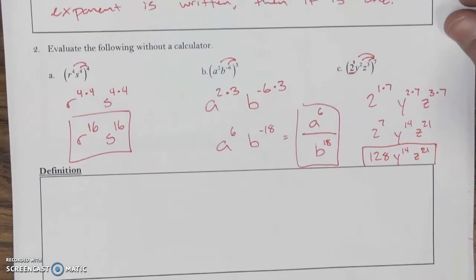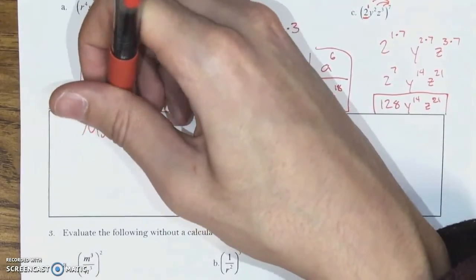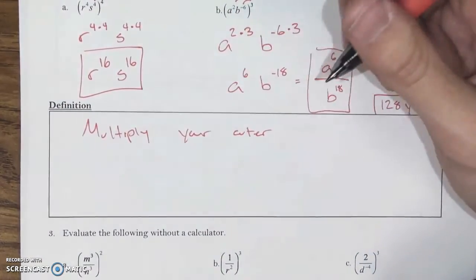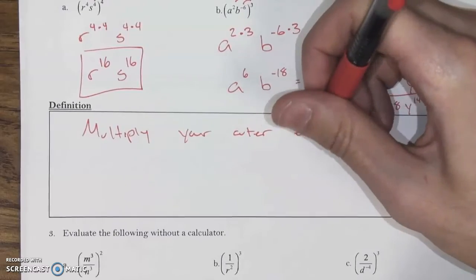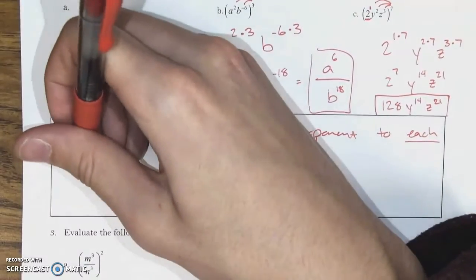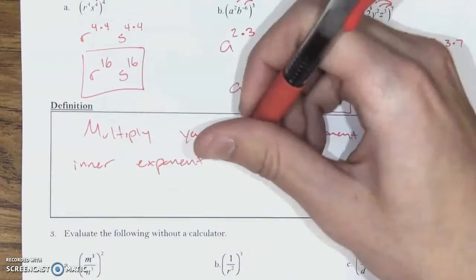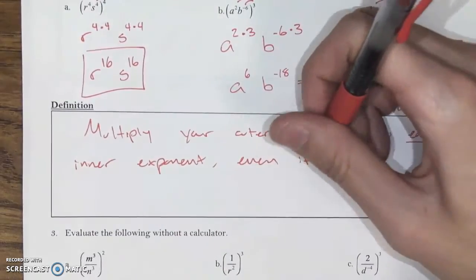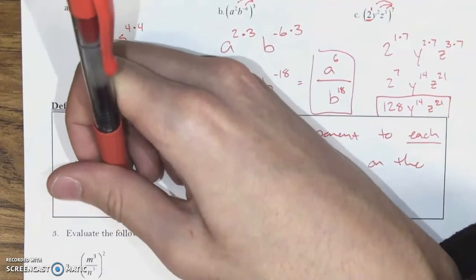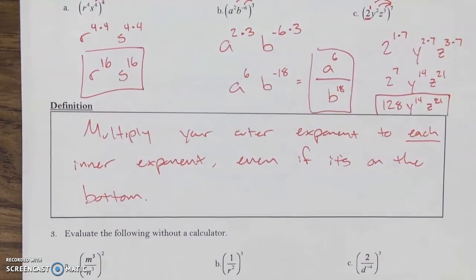You can also do that when your base is a fraction. So similarly, we want to multiply your outer exponent to each inner exponent, even if it's on the bottom.